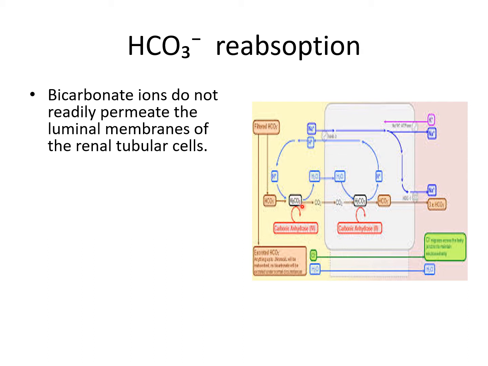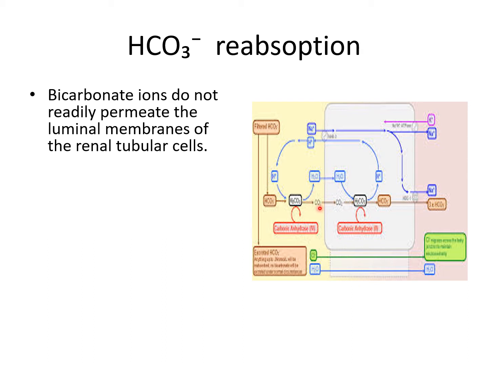This bicarbonate ion will bind with hydrogen ion and form H2CO3. And this H2CO3, in the presence of carbonic anhydrase enzyme which is present in the brush border of renal tubules, dissociates into H2O and CO2.